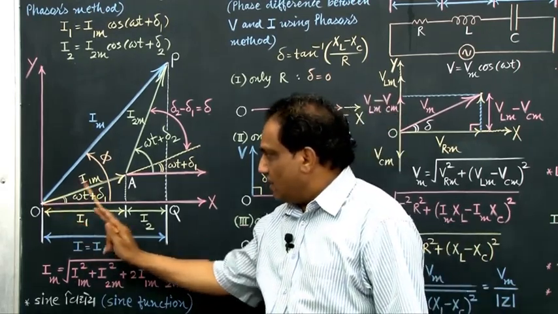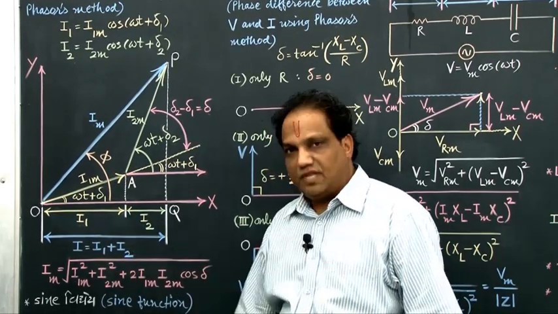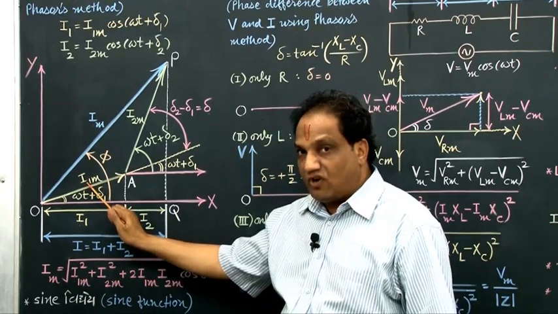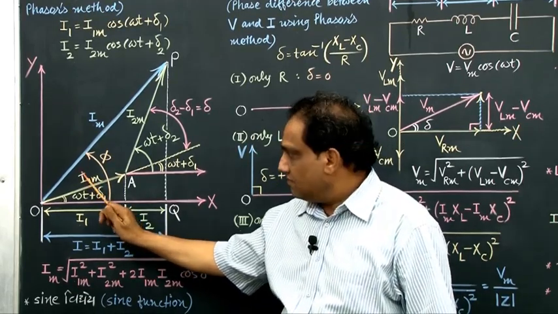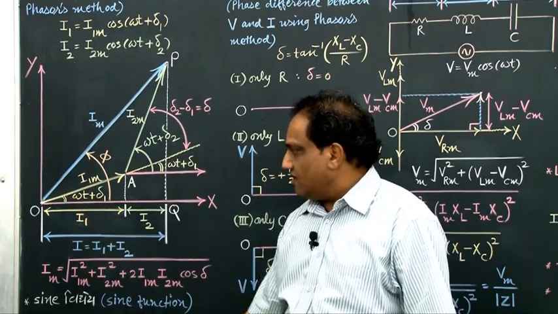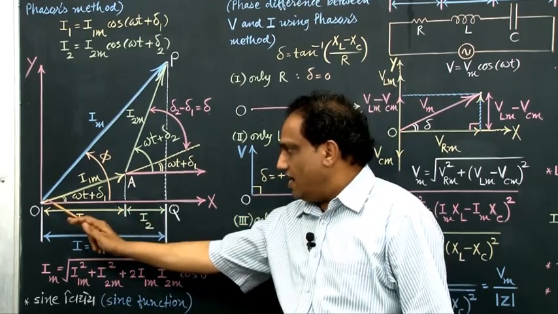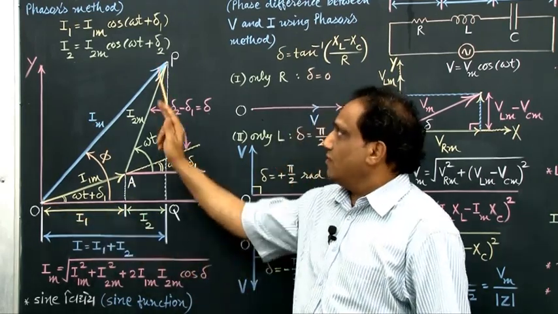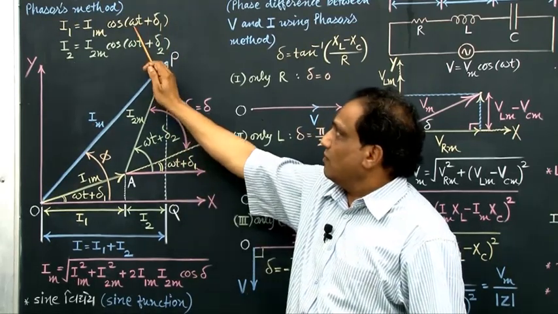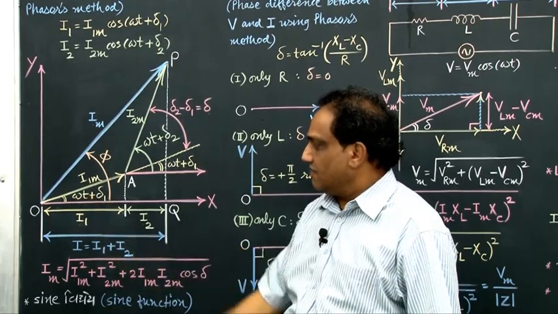Now that vector OA has magnitude equal to the maximum value of the first harmonic function, I1m. The angle made by that vector with the x-axis is angle AOX. It should be equal to the phase of the first harmonic function, that is omega t plus delta 1.